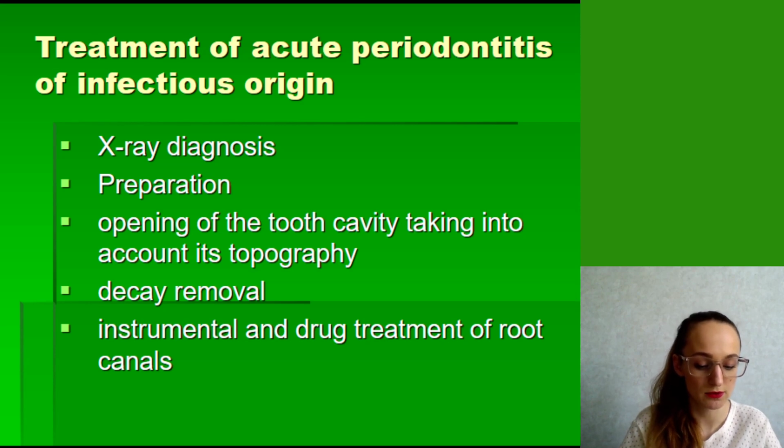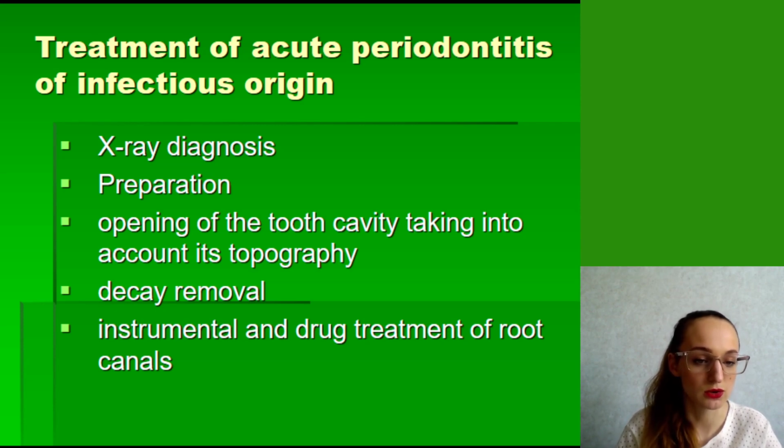A disadvantage of Hedstrom files is that they are weak and the chance of breakage is high. So K-flex files are strong and more resistant to fracture. Filing is done along with the use of lubricants: 5% sodium hypochlorite, hydrogen peroxide, saline, etc.